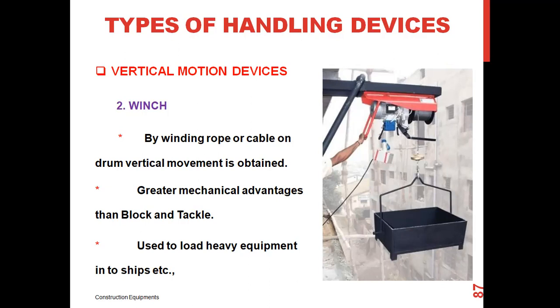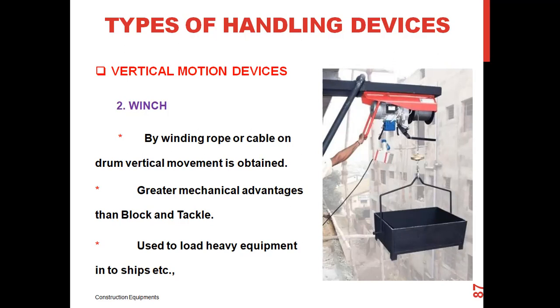The second one is the winch, a vertical motion device which helps lift up the load, the raw materials, directly, and heavy equipment into ships. These are also used for greater mechanical advantage than block and tackle.